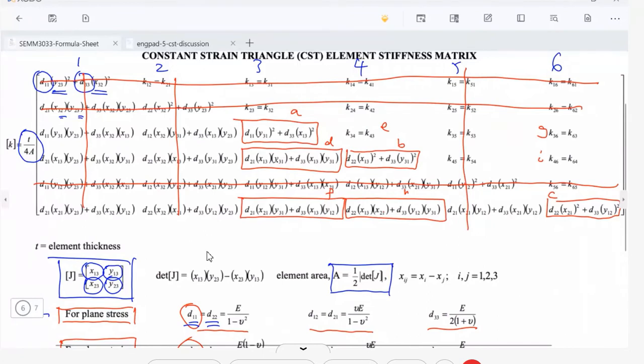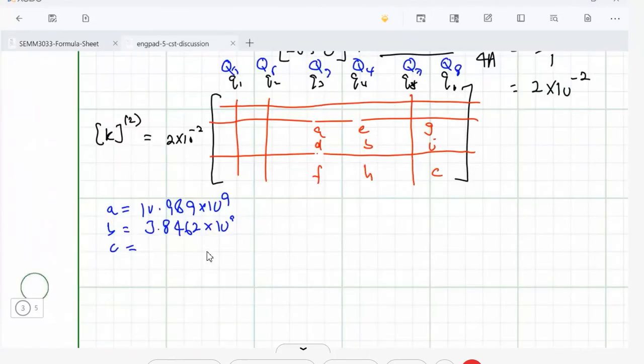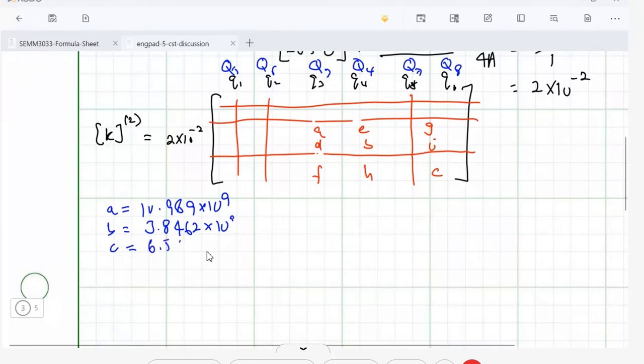Everything is at least two terms. So C is again the same thing here, 6.5935 times 10 to the power of 9.